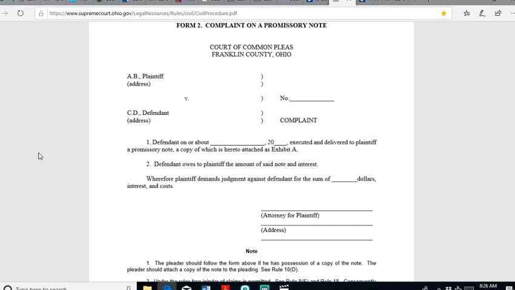Now, all your points of exhibits, your complaint, with your points of exhibits in support of your complaint, with your notary certificate of acknowledgement and your affidavit of proof of claim in support of a complaint.